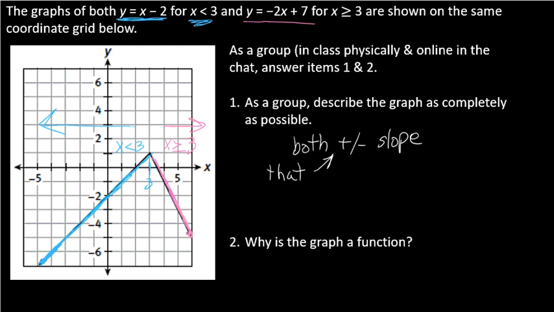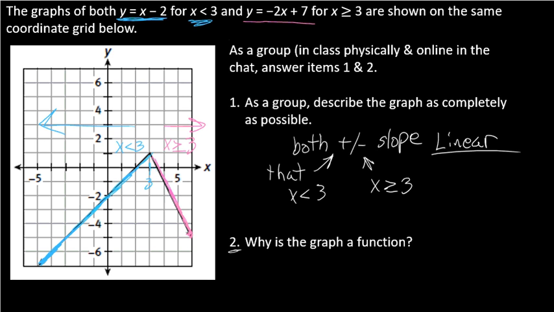Our slope is positive for x less than 3, and our slope is negative for x greater than or equal to 3. Another thing we can say is, well, is this technically linear? I'm going to go ahead and say that it is linear. Okay, you could argue either way there.